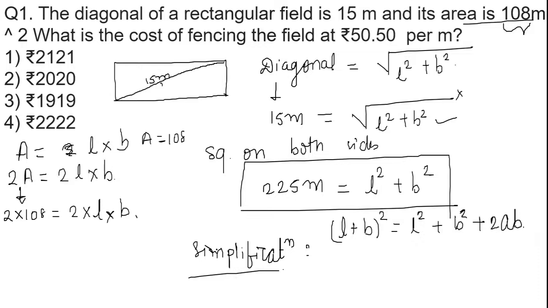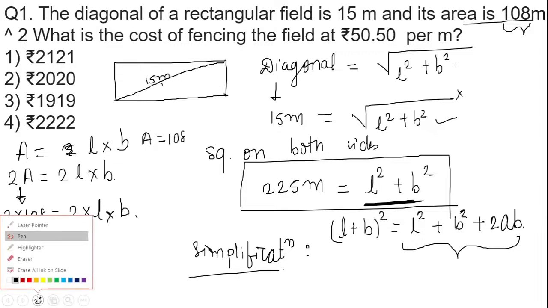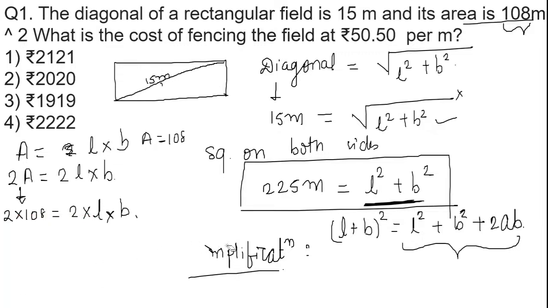Based upon this formula only, I am going to substitute certain values over here. So which values? We know L plus B the whole square. Okay, so I'll write this as, just give me a minute.